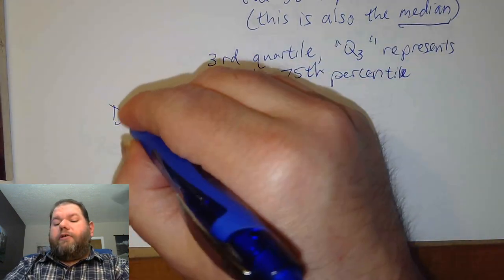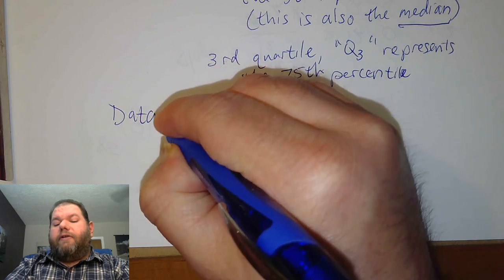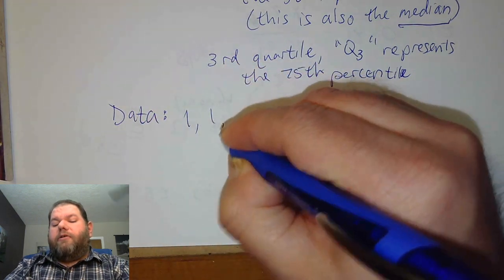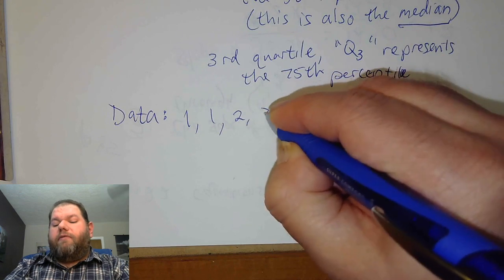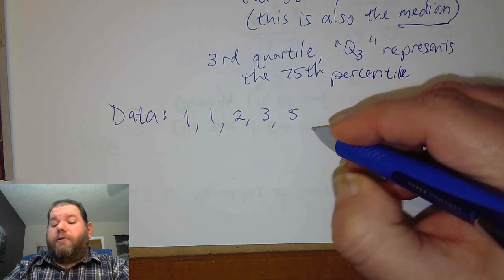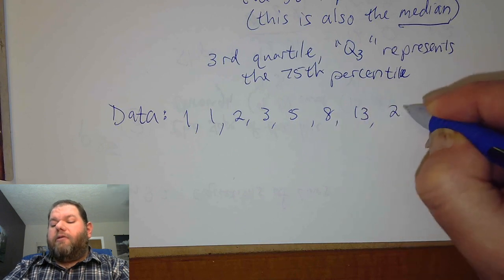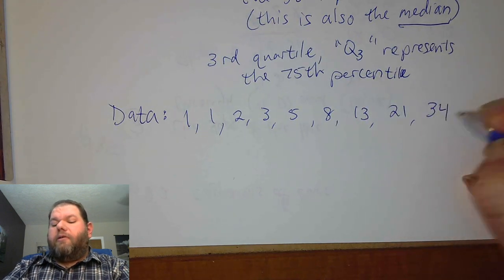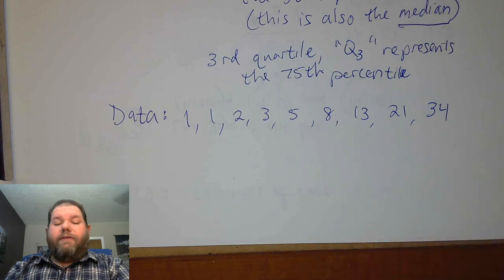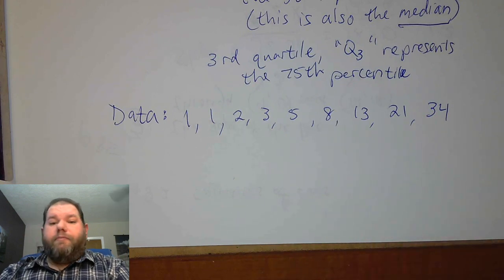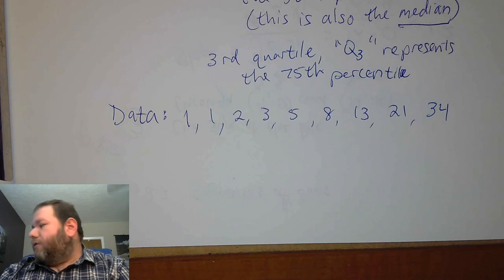So let's look at our data. In this case, we're going to go back to the same one that we've been using at various points throughout this chapter. And we have, I believe, 9 data values overall. First thing we do is locate the median.